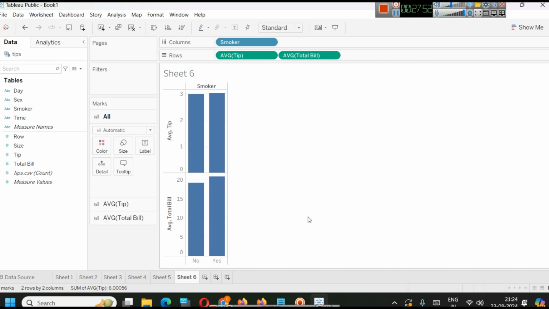You have data of thousands of such incidents where a customer came to eat something, and in your locality, if you are seeing a very significant difference between count of people who are smokers, total bill, average bill, then as a restaurant owner, it will be a very deciding factor for you whether you should increase the size of the non-smoker area or not, right?